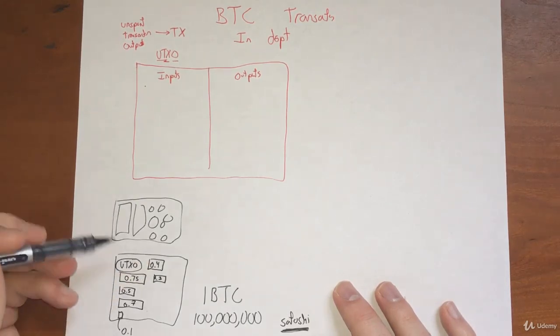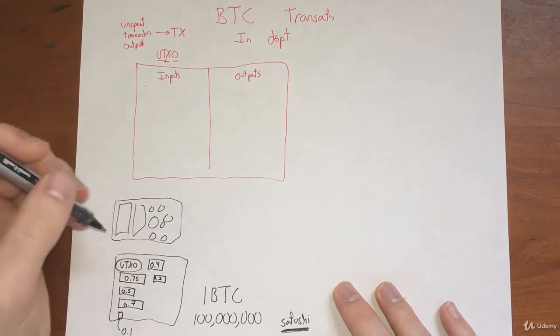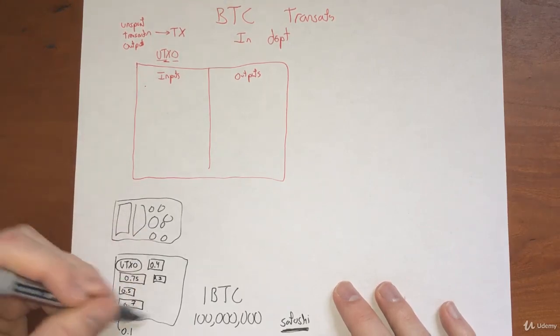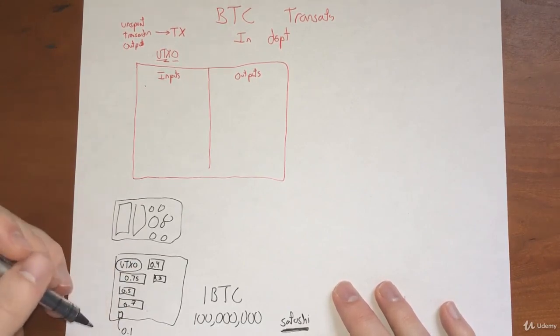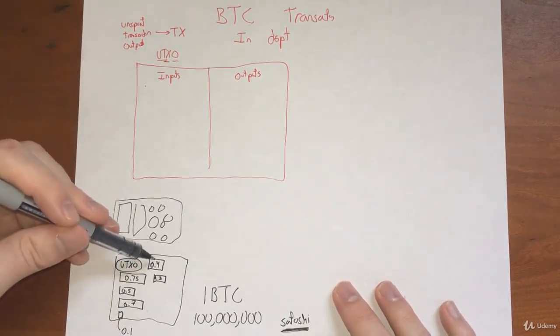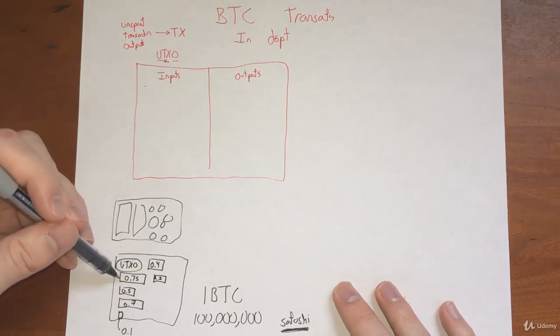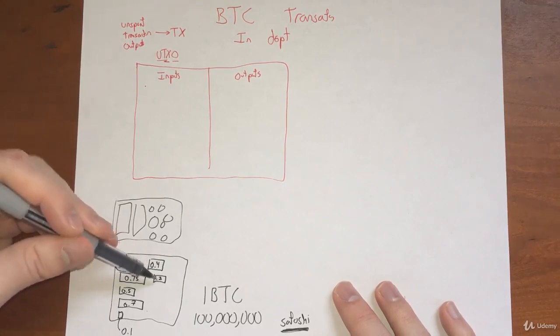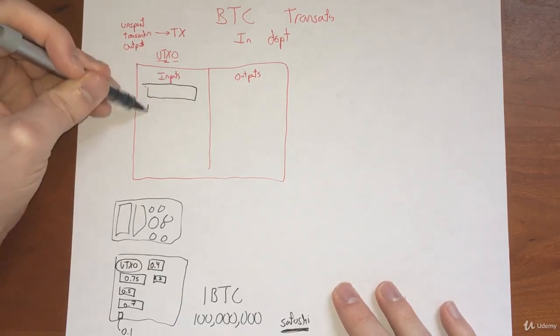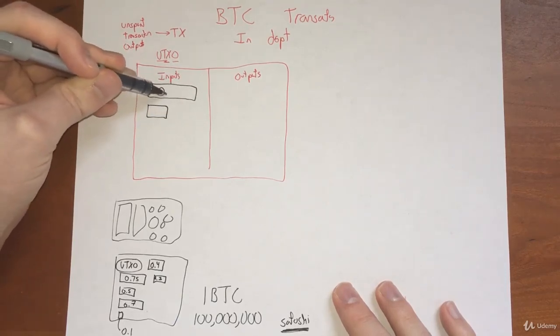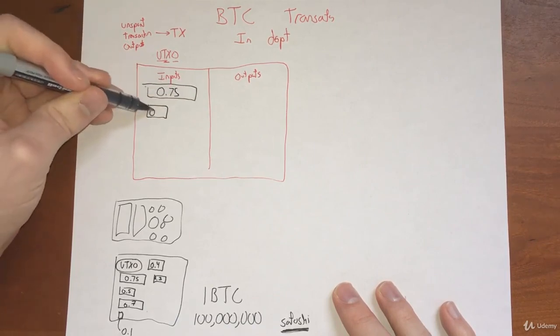And then if you want to send 1 Bitcoin, you have to add up inputs that equal at least 1 Bitcoin. So if you wanted to do it, you could say, let's do 0.75 plus the 0.3. So our first input will be the 0.75, and the second will be 0.3.